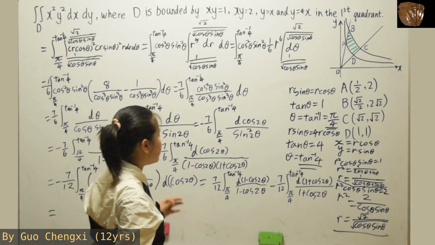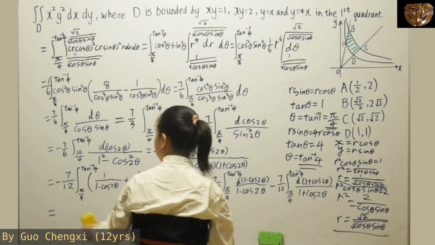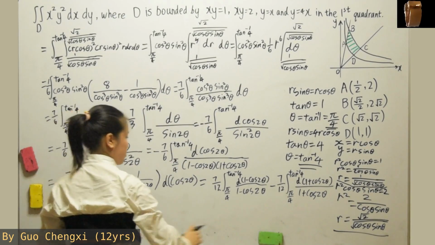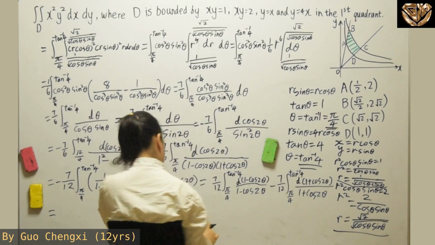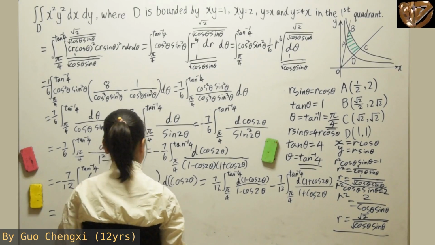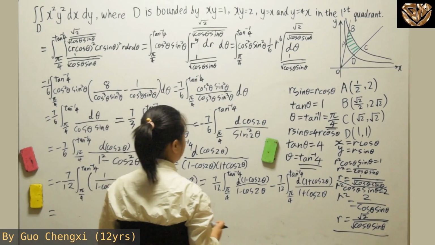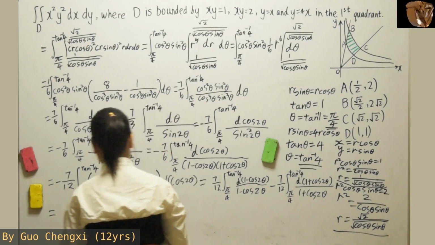Now that we have gotten this part, we can integrate already. So what is dx over x? dx over x is ln x, right?